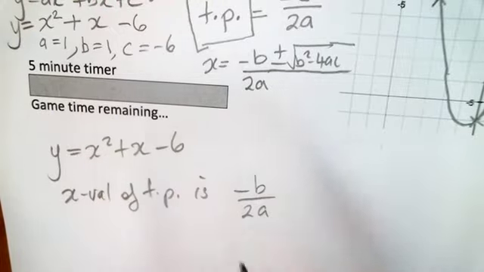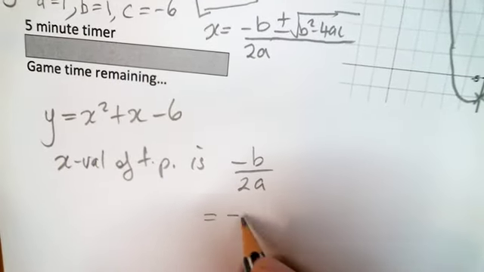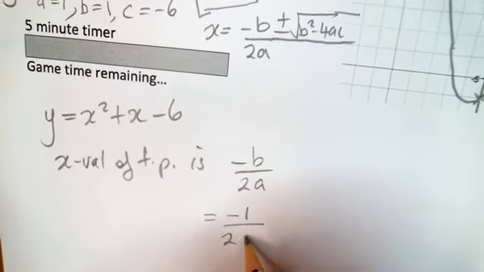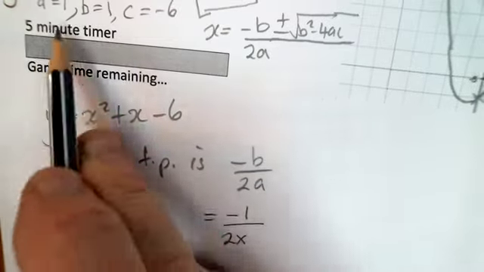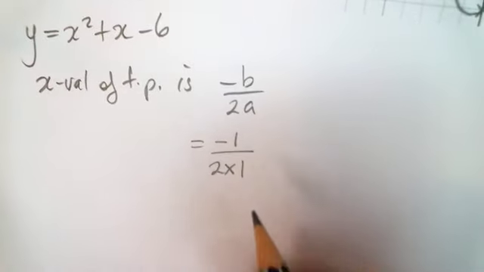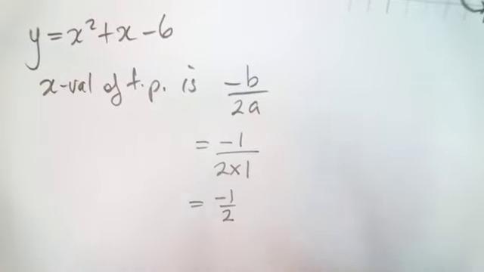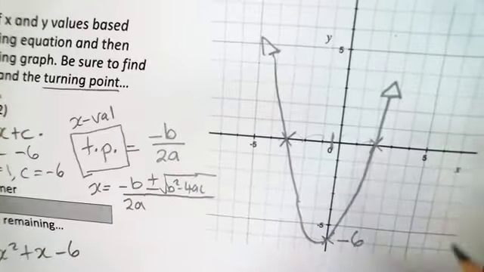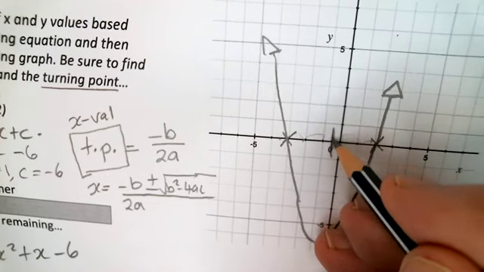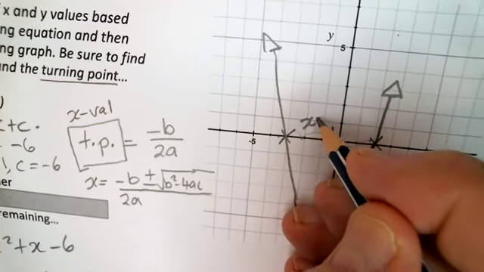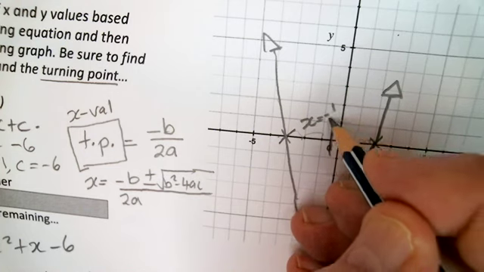So b is 1, so it's going to equal minus 1 over 2 times a. What's a? a is 1. So that's going to equal negative 1/2. So we can see here, and that is the value here. So the turning point value is x is equal to negative 1/2, or negative 0.5.